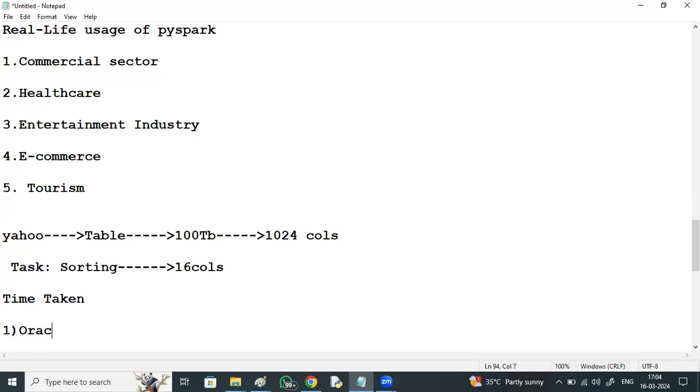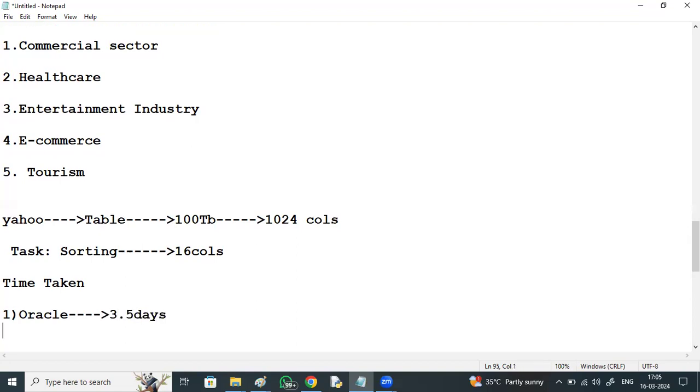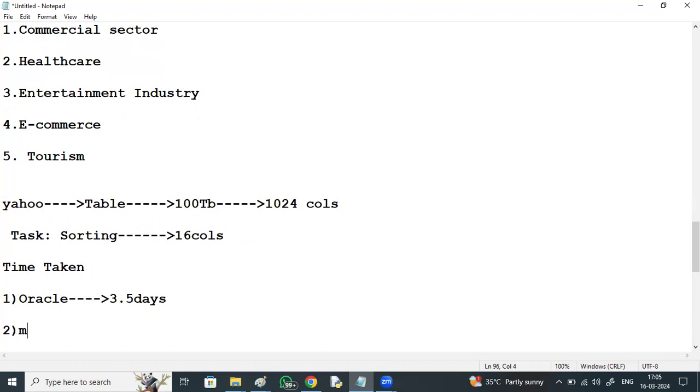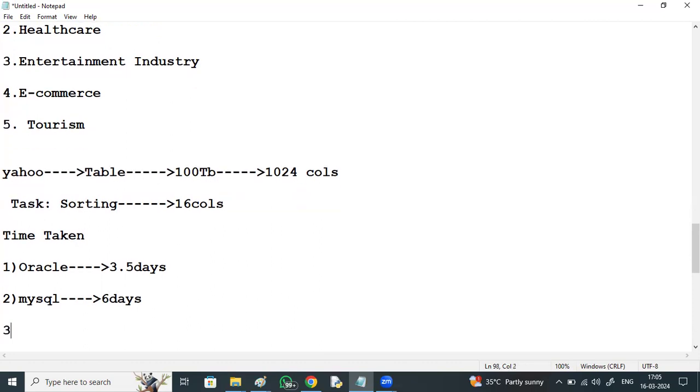Oracle has taken nearly 3.5 days. MySQL taken nearly 6 days. A specialized database, like Teradata, has taken 3.5 hours.